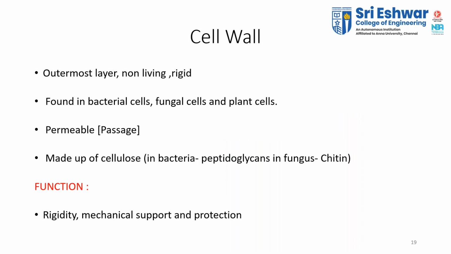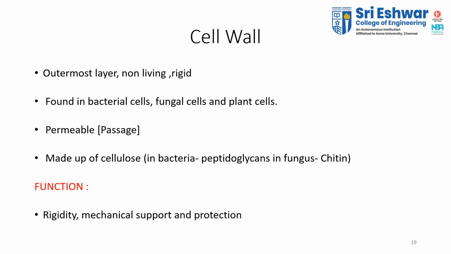Followed by that, we have the cell wall. What do you mean by cell wall? We know what is a cell and what is a cell wall. The cell wall is nothing but the outermost layer of the cell. It acts as a barrier, found in bacterial cells, fungal cells, and plant cells.